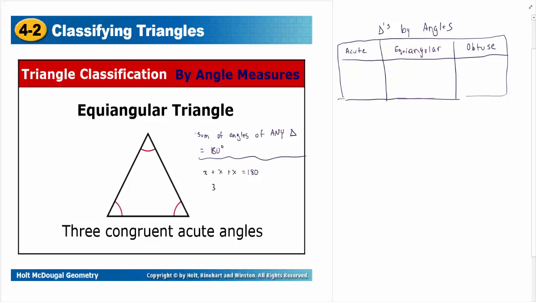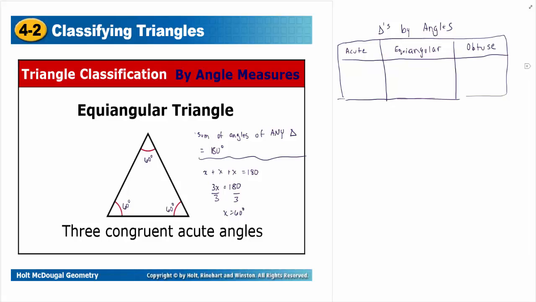So this would be 3x equals 180. Divide by 3, and x is 60. So here's what you really need to know when you're dealing with an equiangular triangle. The angles are 60. Yeah, they're congruent, because if you have equal measures, that means they're congruent, but they're 60.